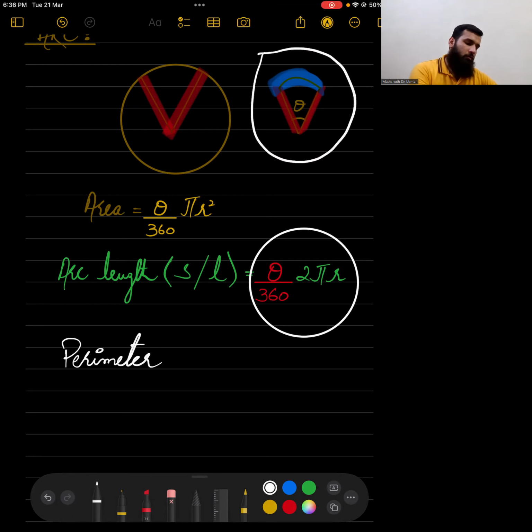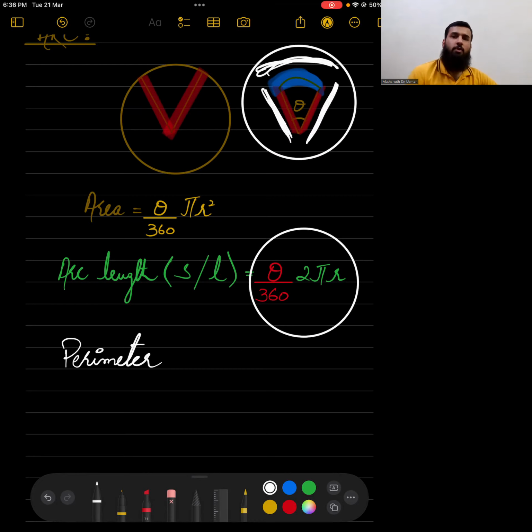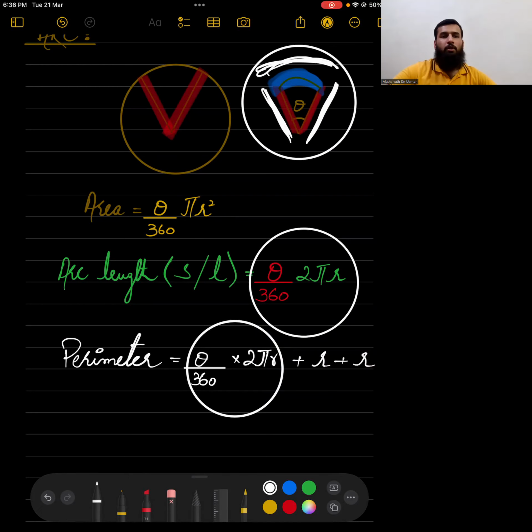Over here, we have the arc length, we have the radius on the side and the radius on the left side as well. So it is going to be theta over 360 times 2 pi r for the arc length, and then added up with 2 radii. That would give you the entire perimeter for this particular arc.